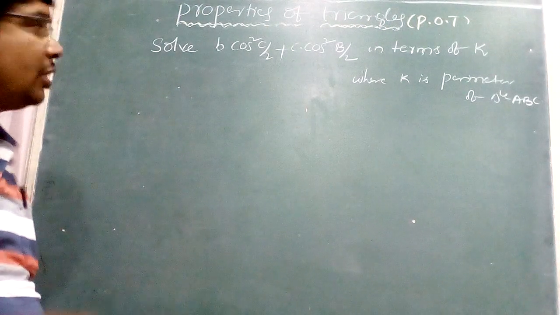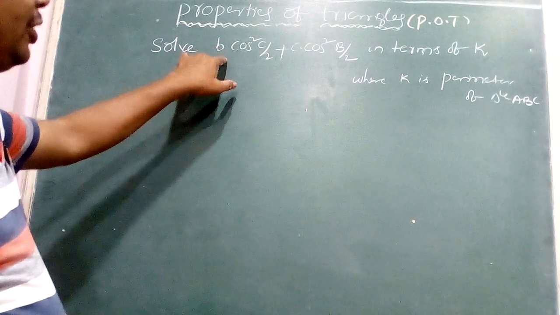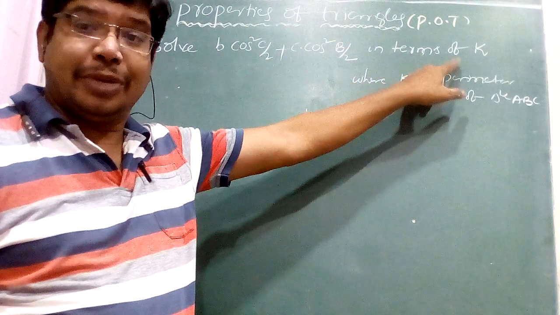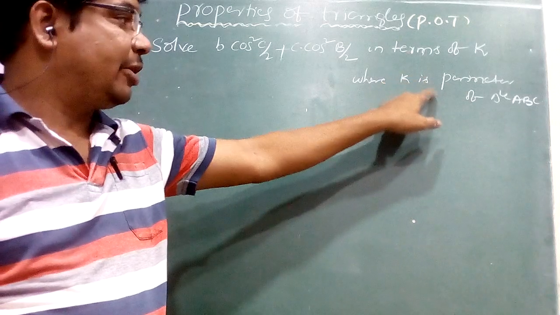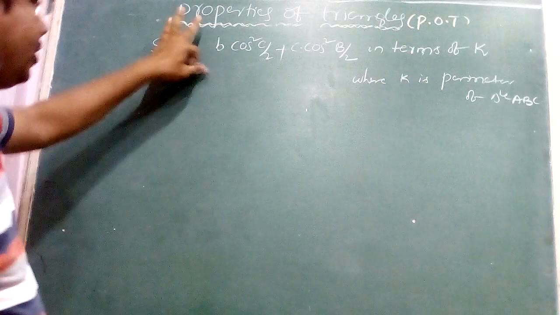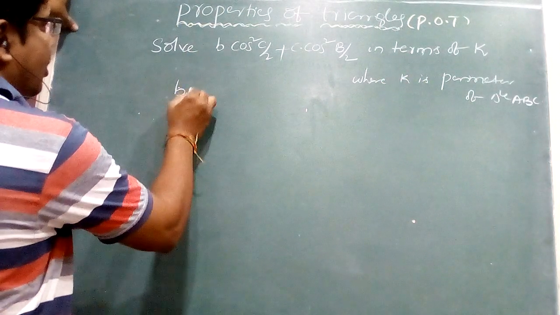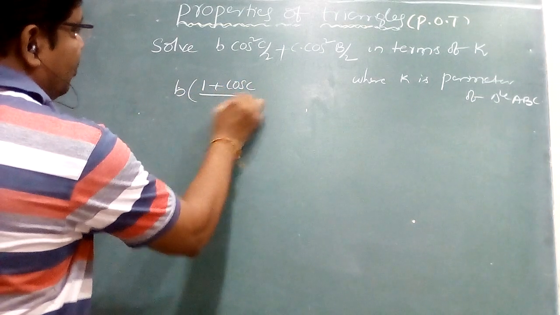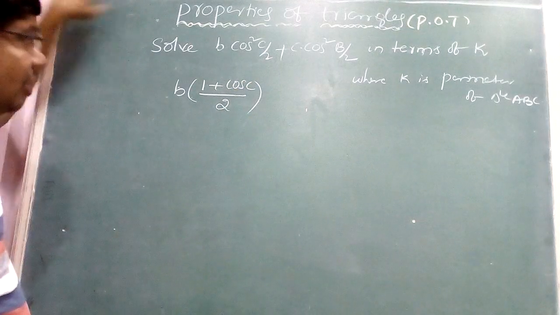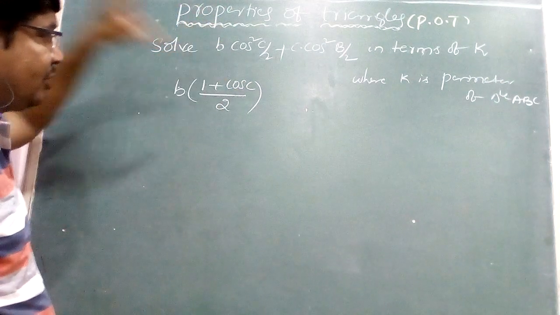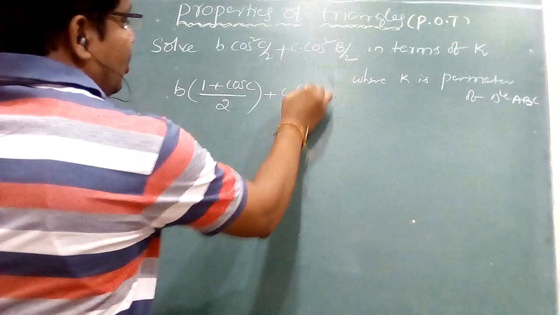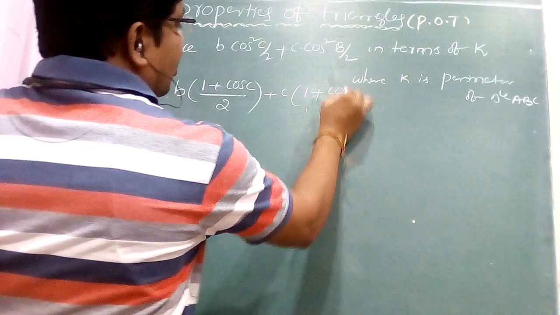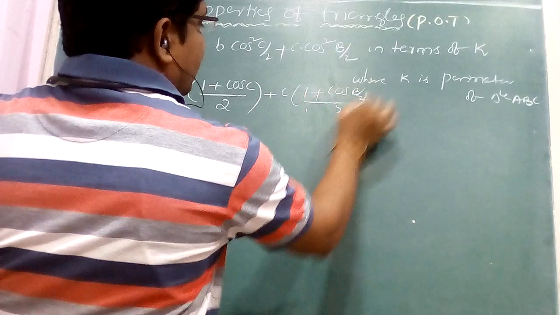Now see, in terms of K, where K is the perimeter of triangle ABC. Here, b cos square C by 2 I am writing as b into (1 plus cos C) by 2, plus c into (1 plus cos B) by 2.